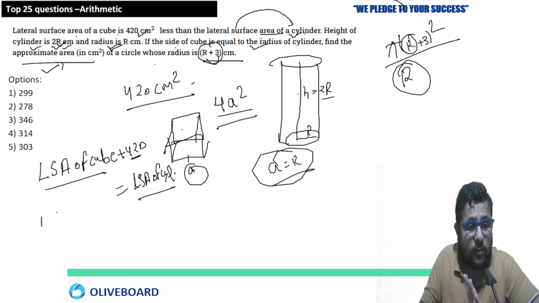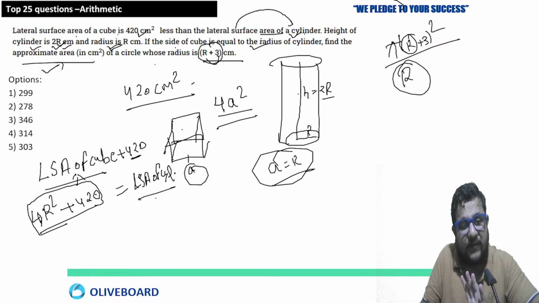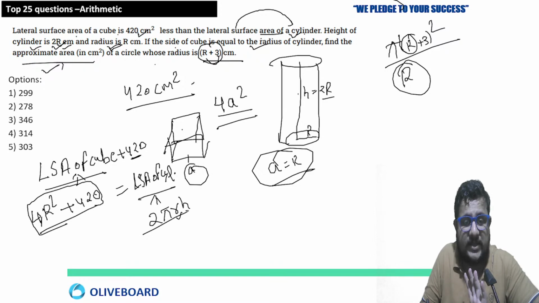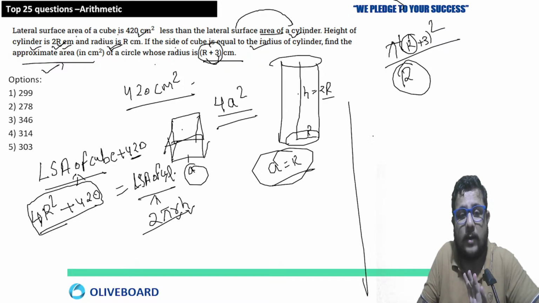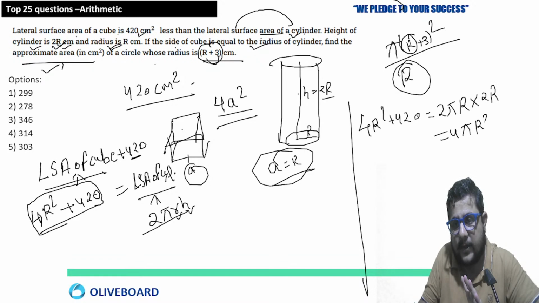So it will become 4r square, because a is equal to r. Remember that: 4r square plus 420. And the lateral surface area of the cylinder is 2 pi r h. Here the radius is capital R and h is 2R. Now compare: 4r square plus 420 equals 2 pi R multiplied by 2R, so 4 pi R square.